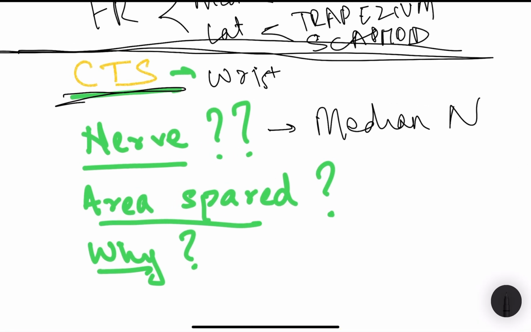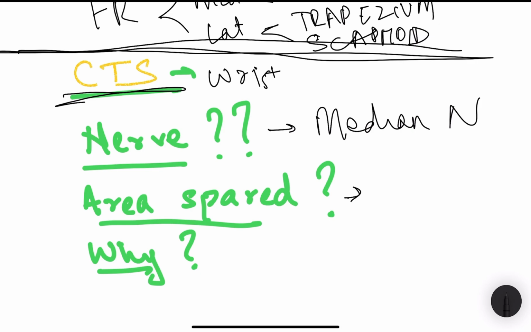What area is spared? If you think about it, the median nerve supplies a lot, like it supplies the hand, right? And it also has a lot of supply more proximally.